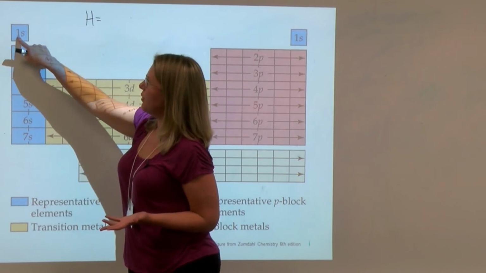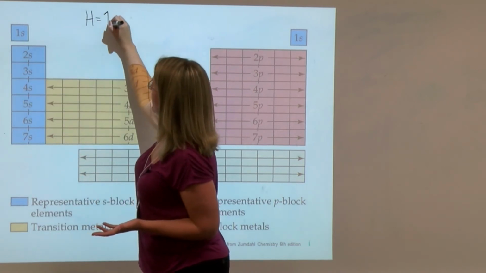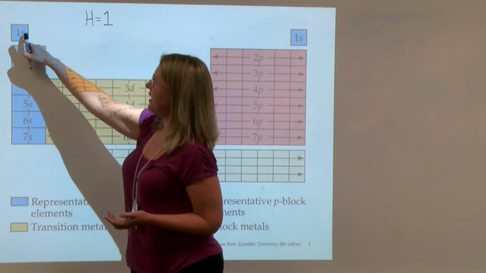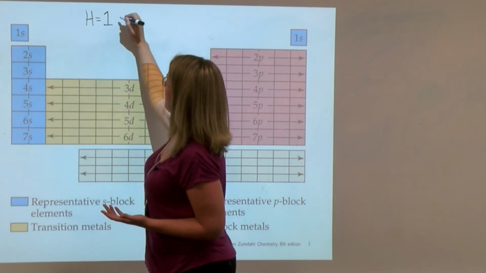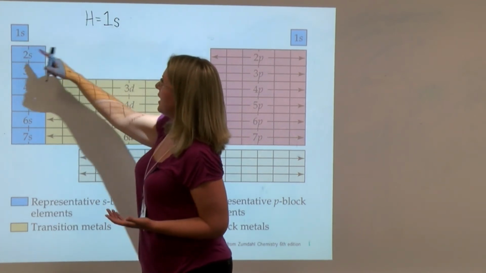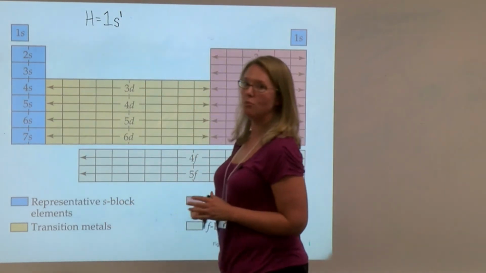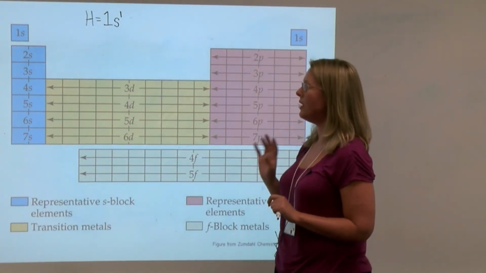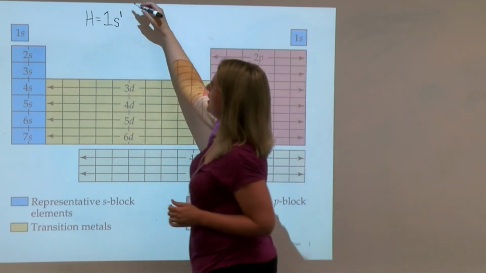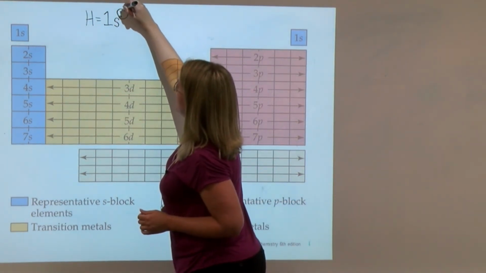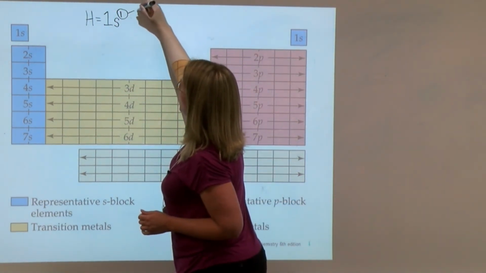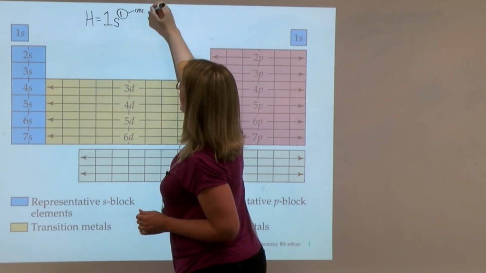We see that it's in row number 1, so we write 1. We see that it's in the S block, so we write S. And we count 1 box, so we write a little 1, superscripted like that. What this means, so let's break this down. Hydrogen has 1 electron, so this 1 represents 1 electron.